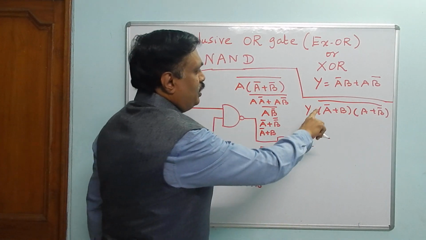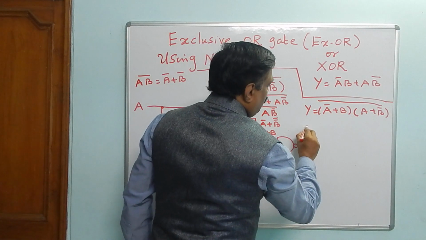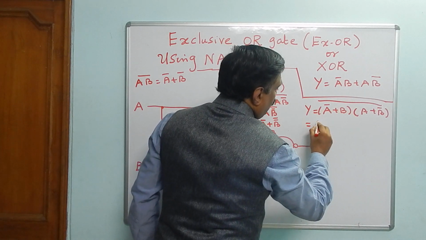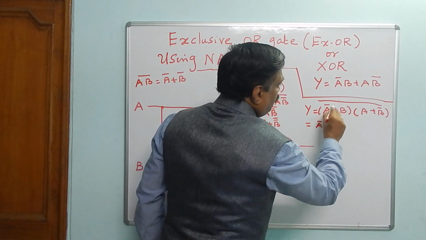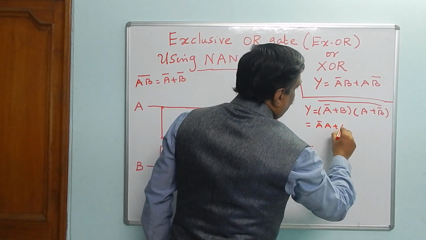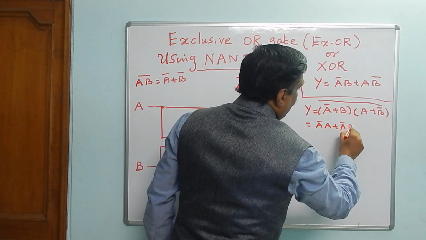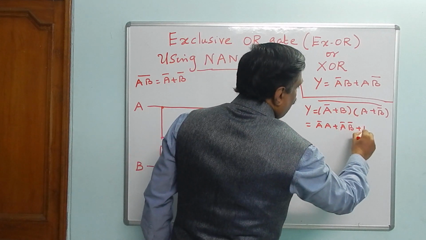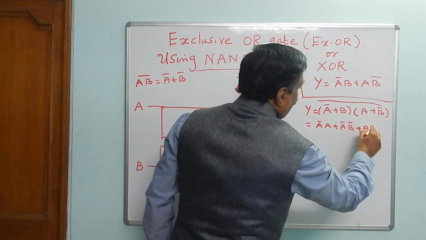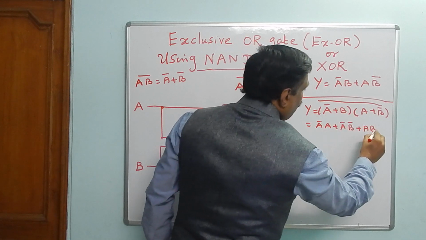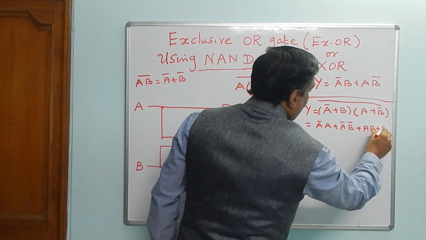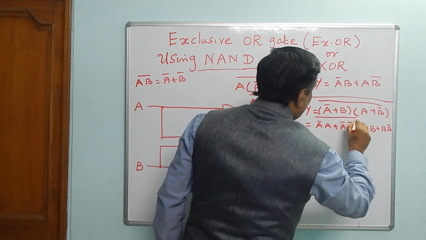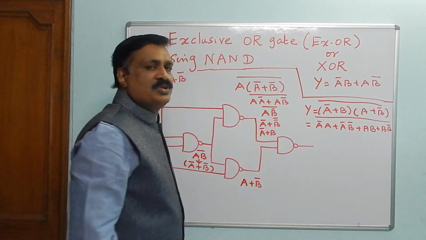Now you multiply this. If you multiply A bar into A and this one multiply plus A bar B bar. If you multiply this plus A into B plus B bar and total complement.